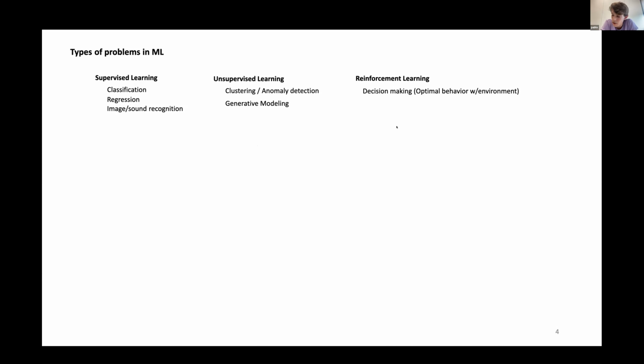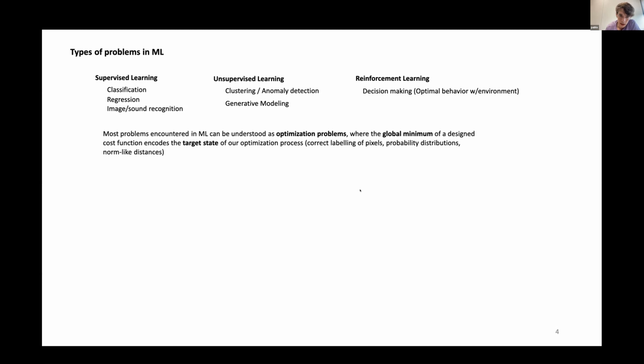So the question here is, can we use quantum resources in order to push this forward? Well, what we see when we study the problems appearing in these fields is that they can basically be mapped to optimization problems, where you have a global minimum of a certain cost function encoding your target state, the target state of your optimization process.